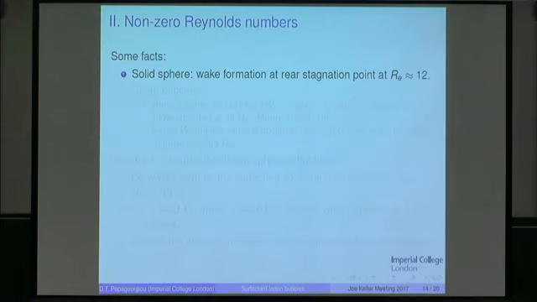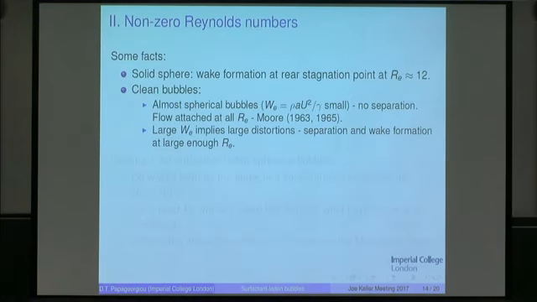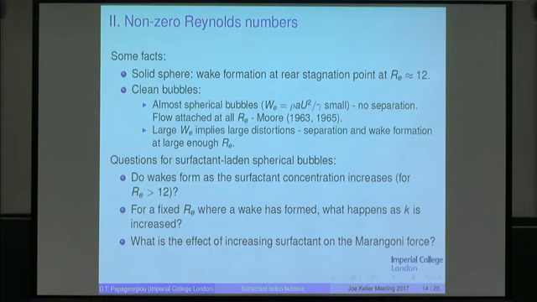So a similar thing will happen for inertial flows, and in particular, what I want to do is consider Reynolds numbers which are large enough so that a solid particle would give wake formation. So for a Reynolds number above 12, based on the radius, you do get formation of wakes.